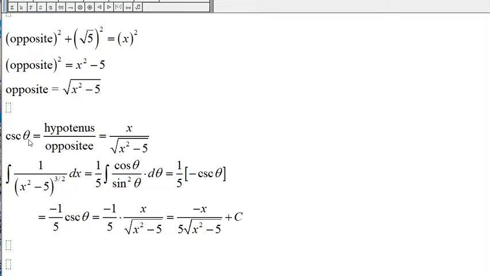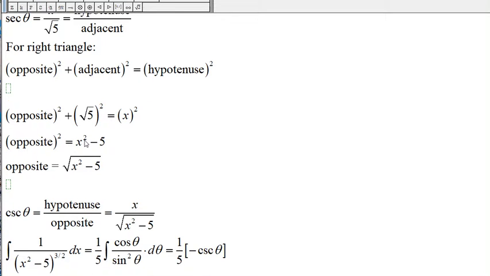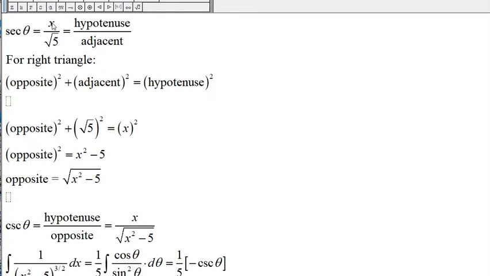Cosecant of theta, by definition, is the hypotenuse dividing by the opposite side. The hypotenuse is x. The opposite side is the square root of x squared minus 5. So cosecant of theta is x over the square root of x squared minus 5.